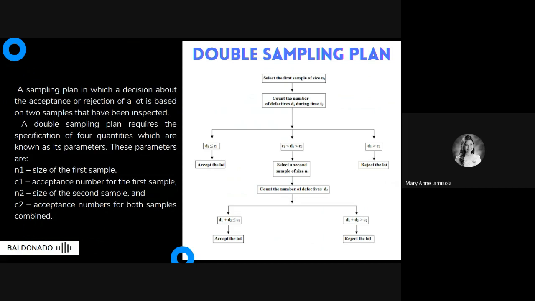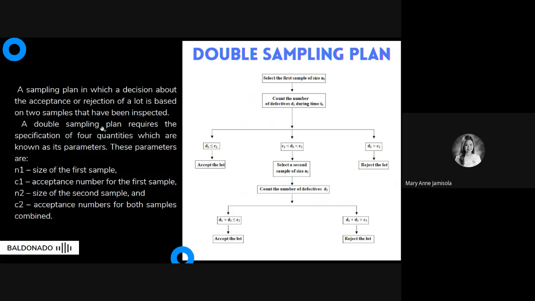Okay. So we have other types of attribute sampling plans. We have the double sampling plan. This is a sampling plan in which a decision about the acceptance or rejection of a lot is based on two samples that have been inspected.